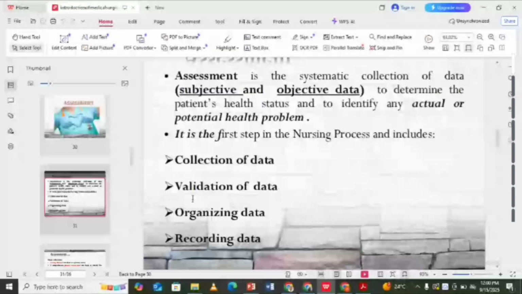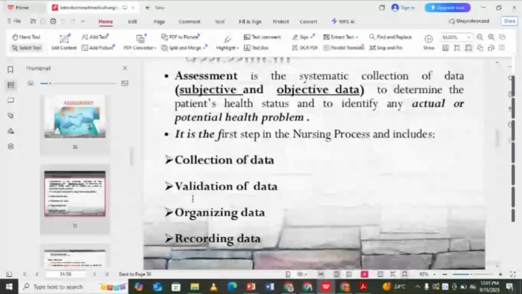Yeah, so these are the various ways you can validate the data. Compare the subjective and objective data. For example, you are attending to a patient, and the patient tells you, I don't have pain, or I'm not feeling any pain.